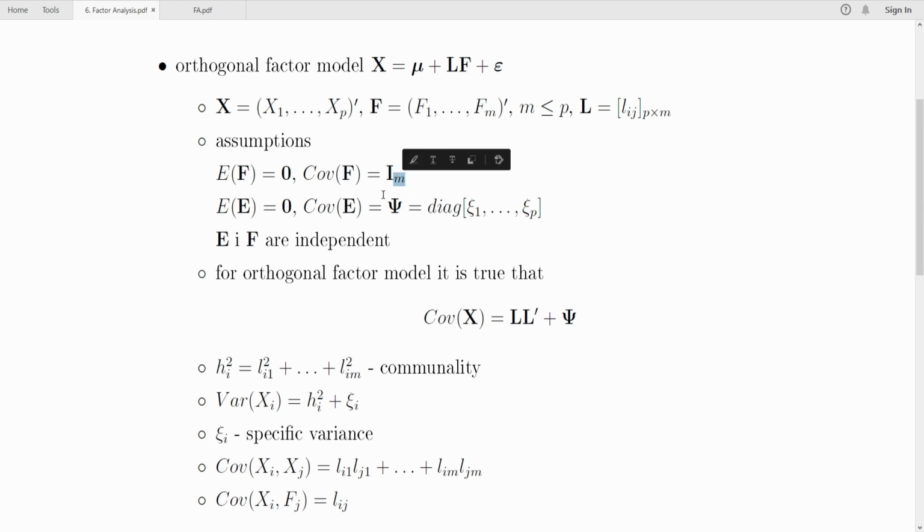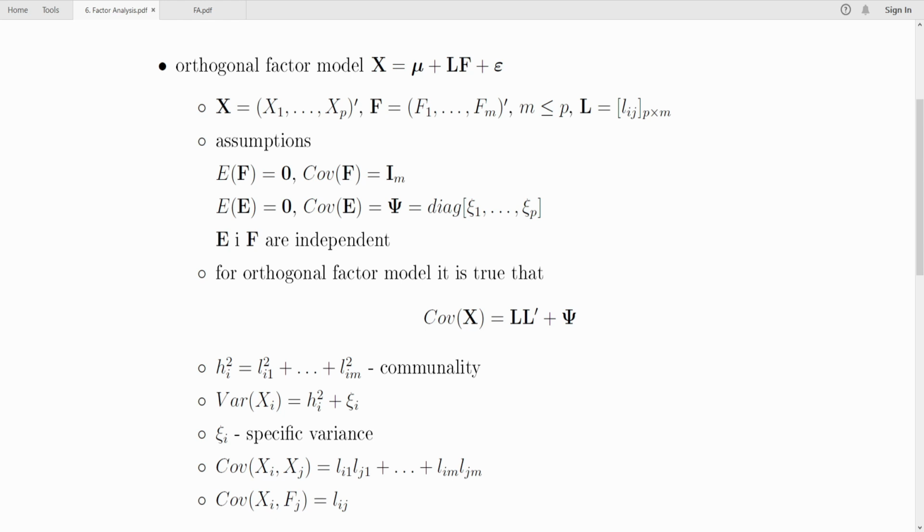The covariance of our errors we will denote with psi, and on the diagonal it has elements psi1 to psi p, and otherwise it's 0. Also they are independent, which means that the covariance between e and f is 0. So L is a matrix p times m.